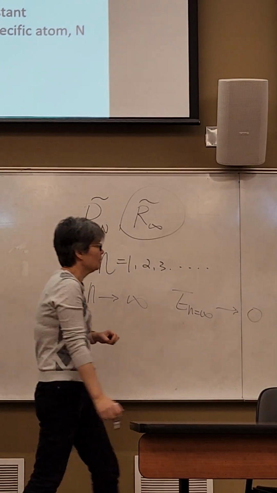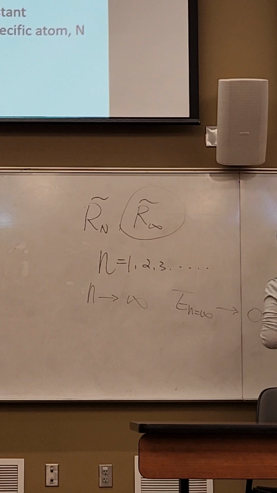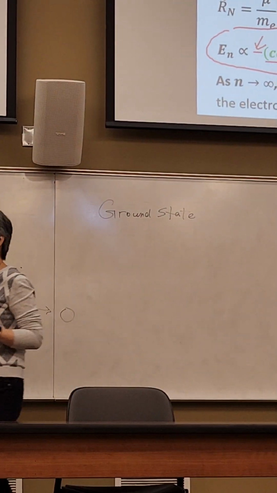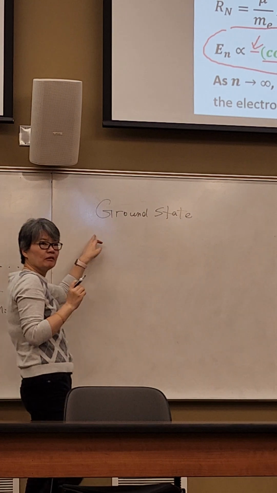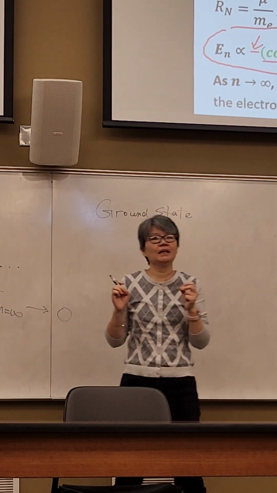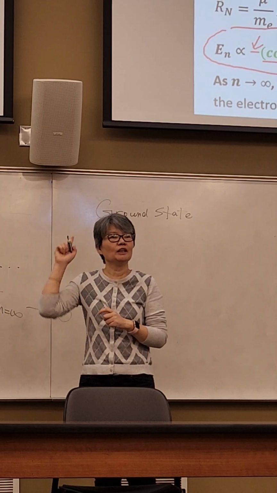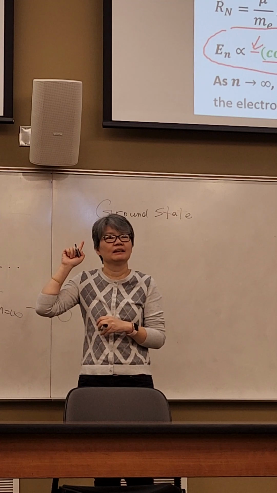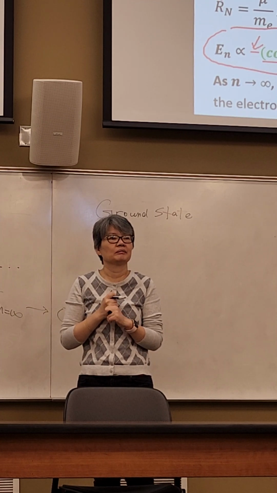Now, we're always interested in the ground state. The ground state is the quantum state that has the lowest energy for the system. So for the hydrogen atom, what is our ground state, guys? You look at the energy expression. At which value of n can give me the lowest energy value?